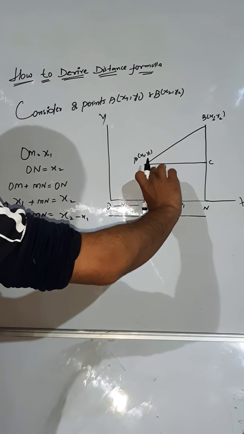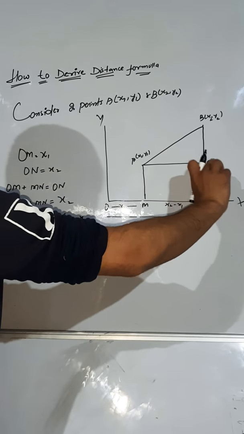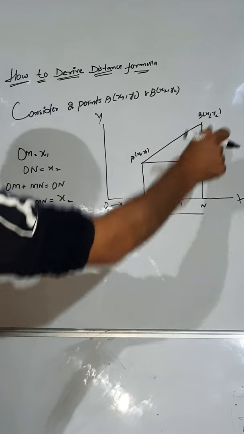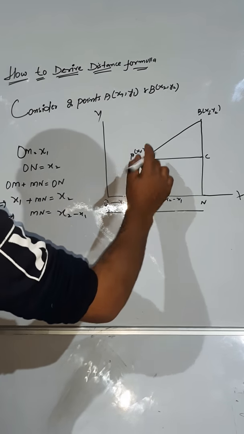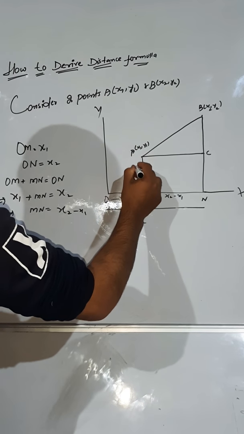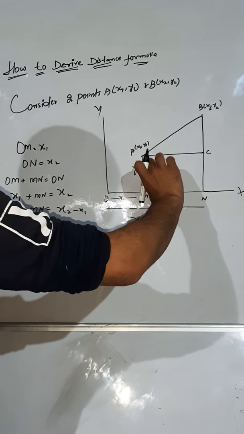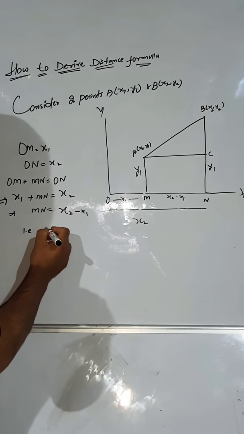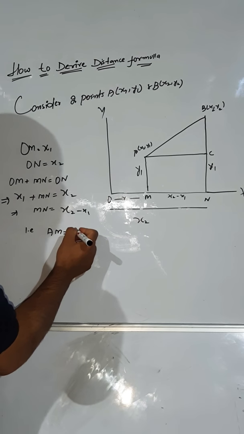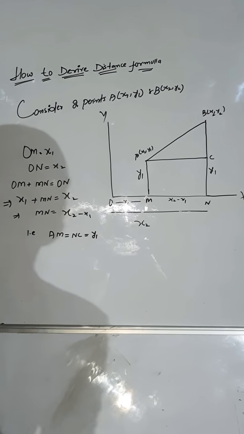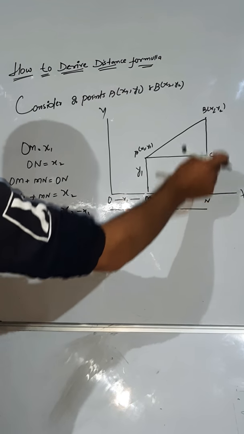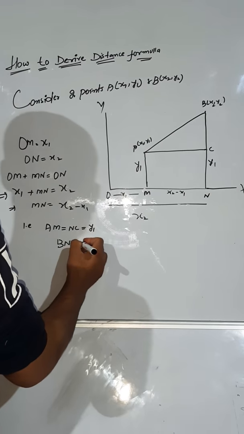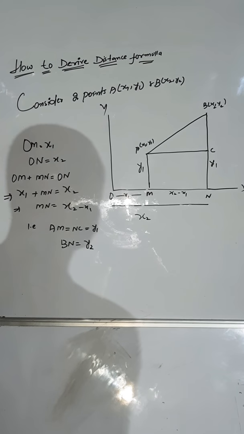Now we have to find the value of BC. The ordinate of point A is y1, and this segment is equivalent to MC, so AM is equal to MC is equal to y1. Similarly, BN is equivalent to the ordinate, which is y2.